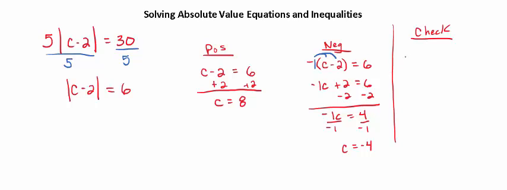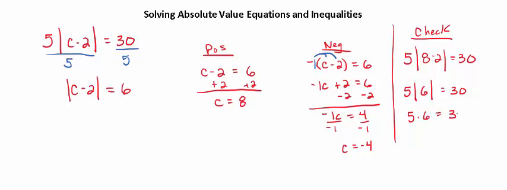Let's see, we go back to our original: 5 times the absolute value of, in this case our first answer was 8. So 8 minus 2. Is that equal to 30? Well, it would be 5 times the absolute value of 6, and the absolute value of 6 is 6, so it's 5 times 6. Yes, 30 equals 30. So that checks out.